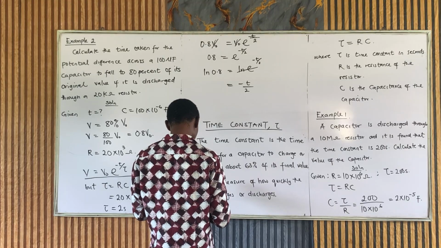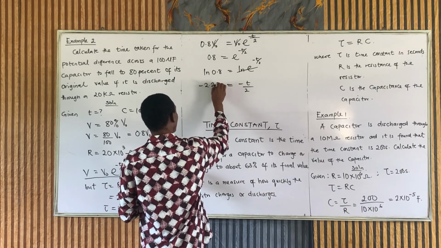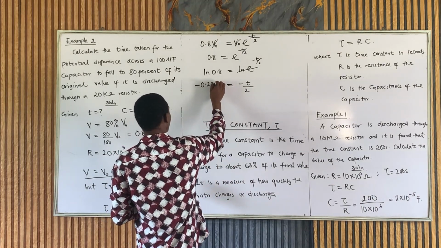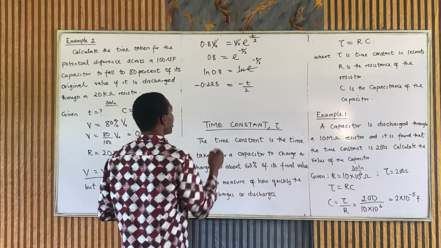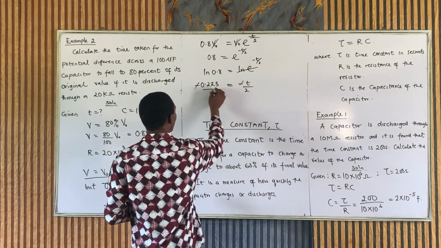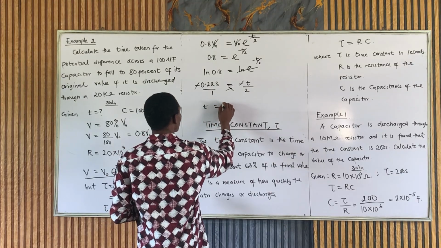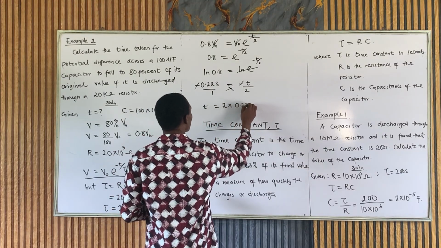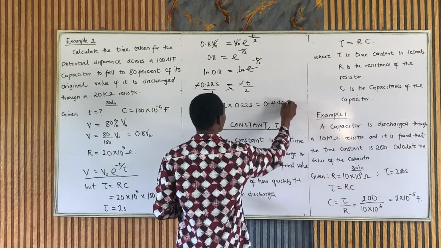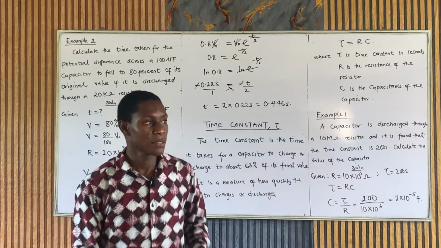Ln of 0.8, we have minus 0.223. Then now we can eliminate the negative and cross multiply. This will give us t is equal to 2 times 0.223, which is 0.446 seconds. That's the time we are asked to get.